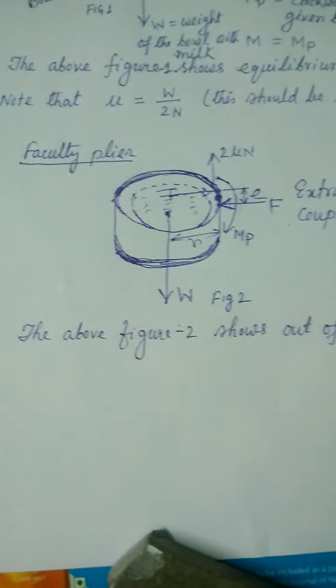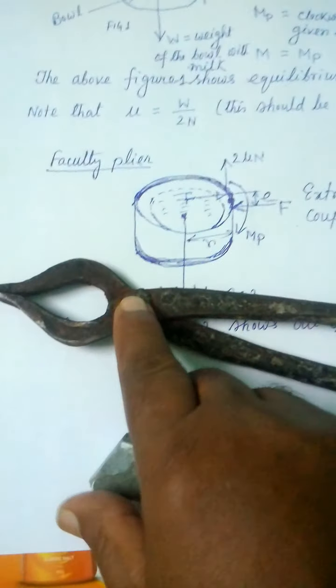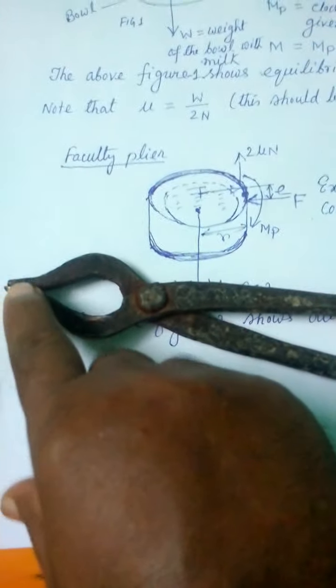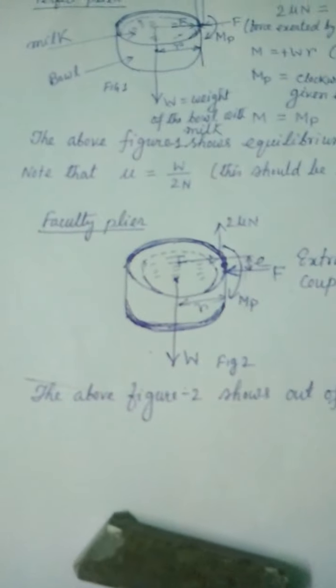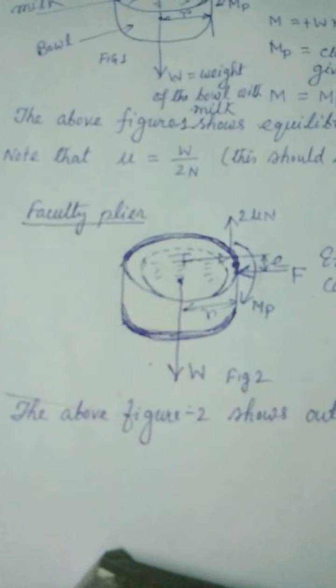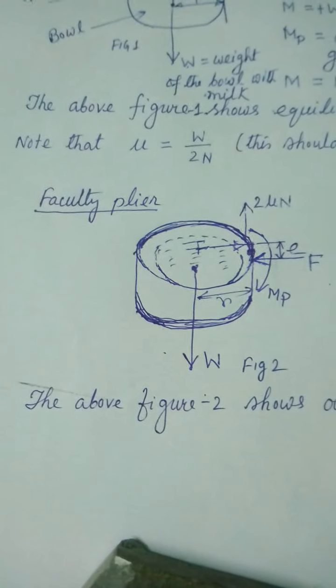If the plier is faulty, this is actually a first class lever. This is the fulcrum and the load will be here, and the force will be here. So this is a first class lever, and you have to see that this plier is not faulty.